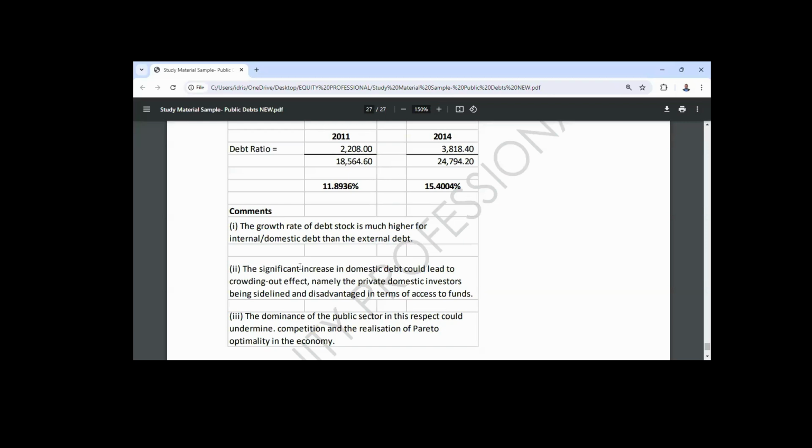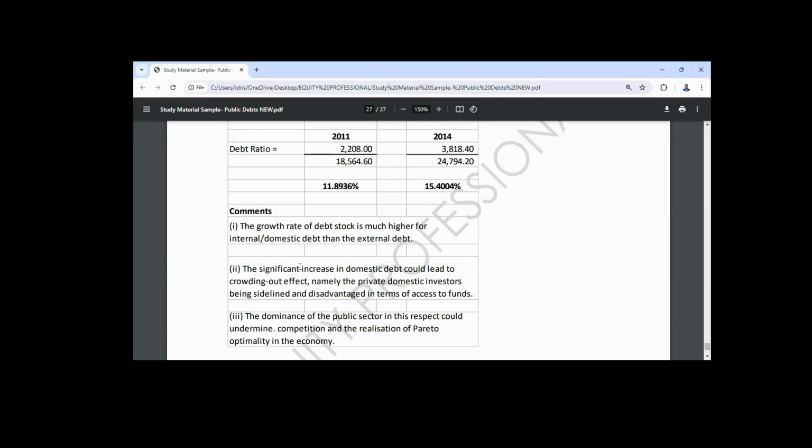If government has an increase in internal debt, it can lead to crowding out effect. What that means is that the private sector will not have access to funds. You understand? Government will sideline the private sector. The funds that the private sector is supposed to have access to from the financial institutions will have been taken by whom? By the government.